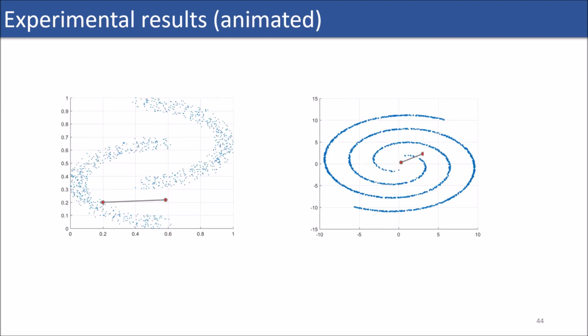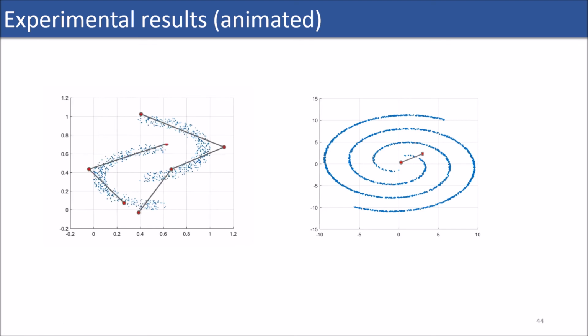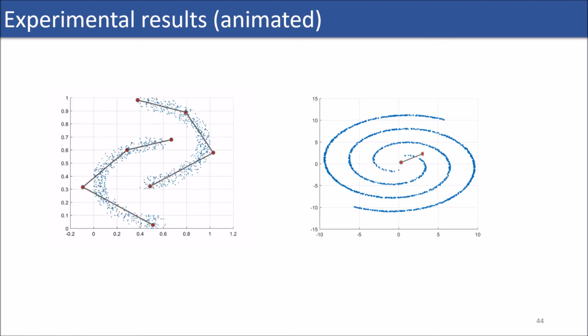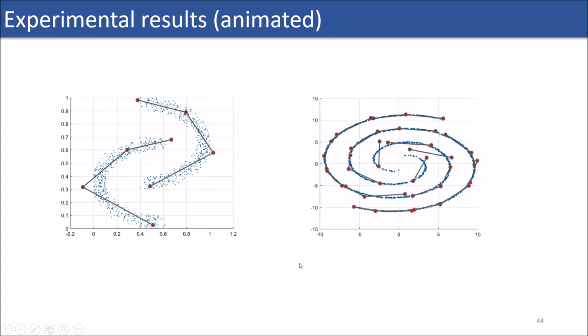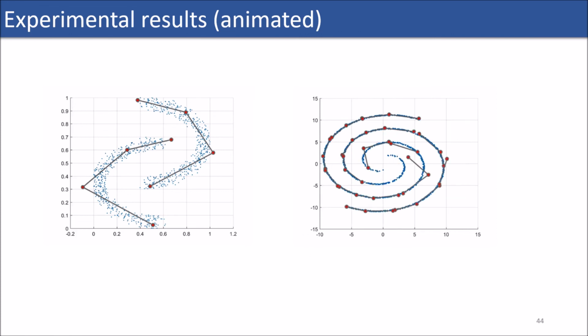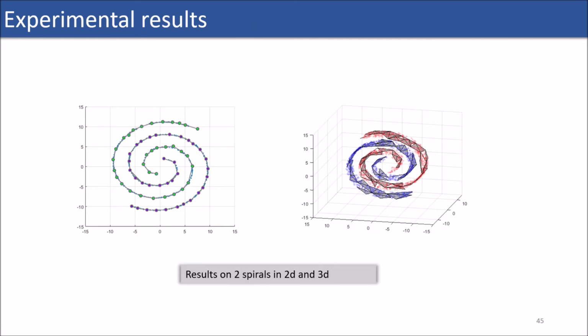Here are some animated results on crescents and spirals datasets, to demonstrate how the process works. With the merging process involved, connected components then directly designate the clusters as depicted here.